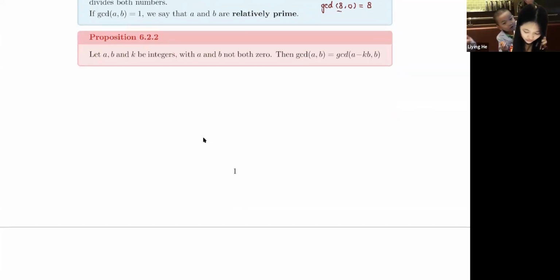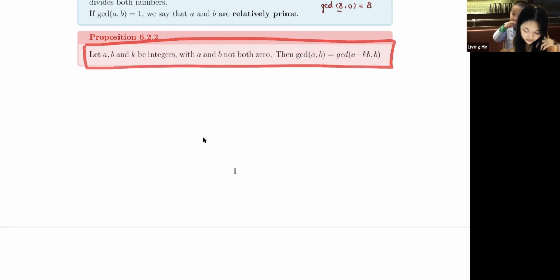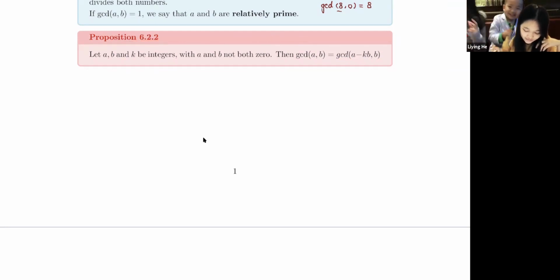Proposition 6.2.2 is just saying that GCD(A, B) equals GCD(A minus KB, B). This is pretty useful, especially when they just ask you to find the GCD of two numbers.